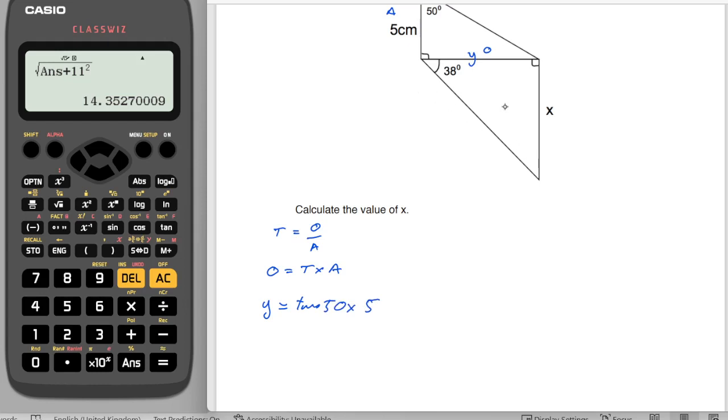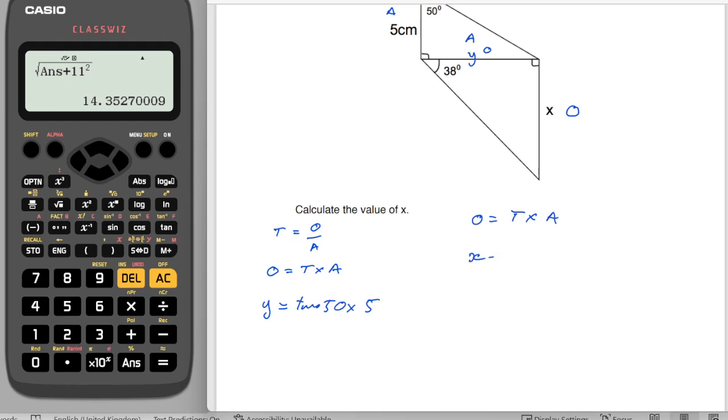Then if I'm working on the second triangle, this would be the opposite and this would be the adjacent again. So I'm using the same tan ratio. So for that one, O is going to be equal to tan of the angle times by the adjacent. So I'm going to just type this in once then.